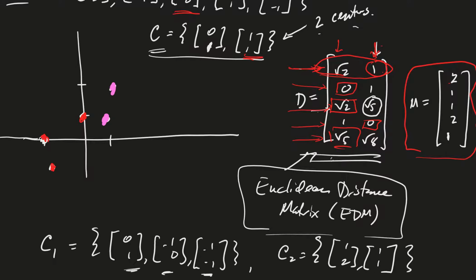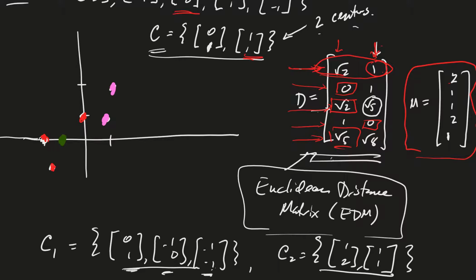Our new cluster centers are the means of each of these. The mean of the y value is going to be 0, and the mean of the x values is -2/3. So (-2/3, 0) is the new cluster center for this one.